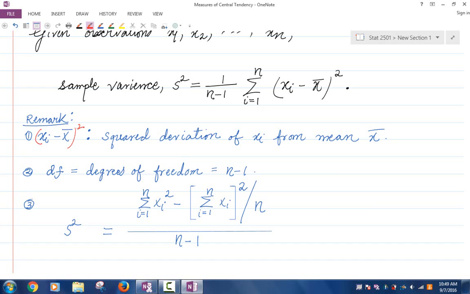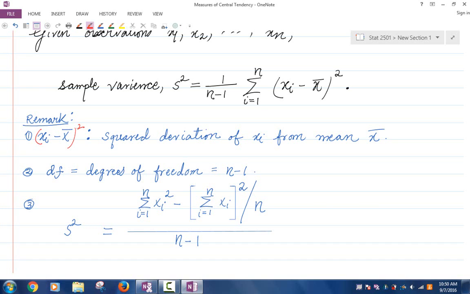Now, can someone tell me what is the squared term I have? If you look at the second term in the numerator, I am taking the summation of the observations first, and then I'm taking the square. Are we okay with that?